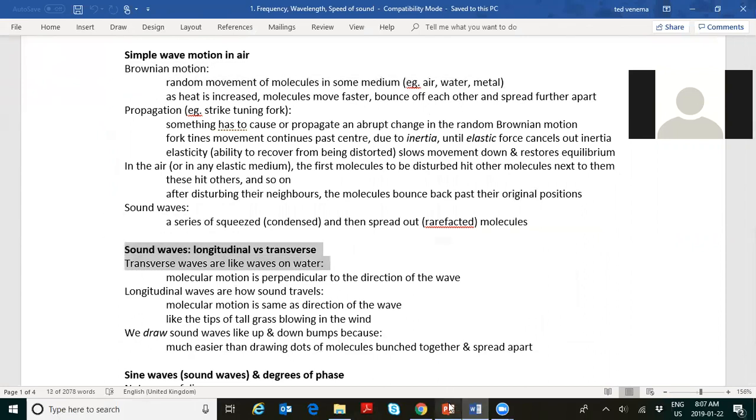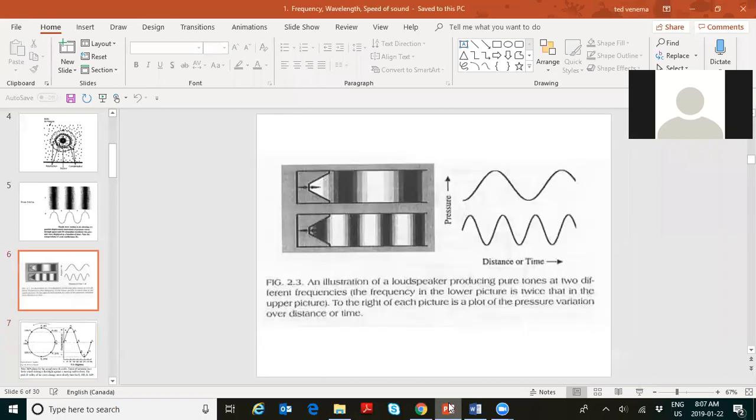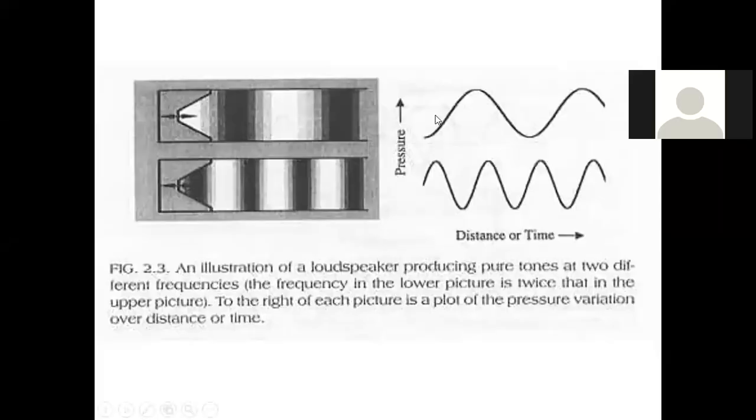That just means the sound waves shown like this would be longitudinal waves. These are transverse waves. We draw sound waves like water waves, but really they aren't. Really, the squeezing and separating is happening on the same plane as the direction the sound is moving in. Whereas with water waves, as shown here on the right, the wave may be moving this way, but the motion is going up and down.